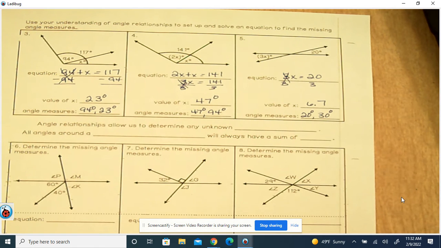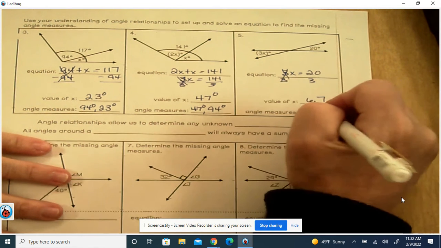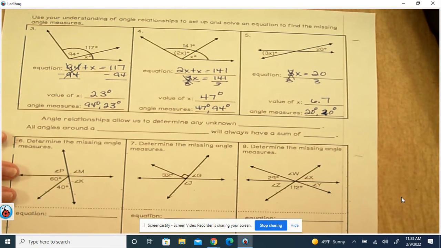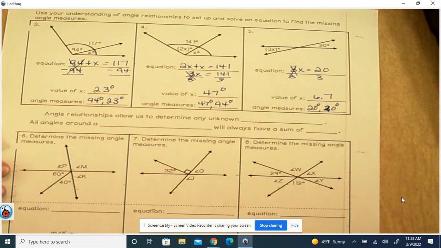Something hits me. I don't agree with that. Let me see. So if I said 3 times 6.7, it's 20, not 30. That's 20.